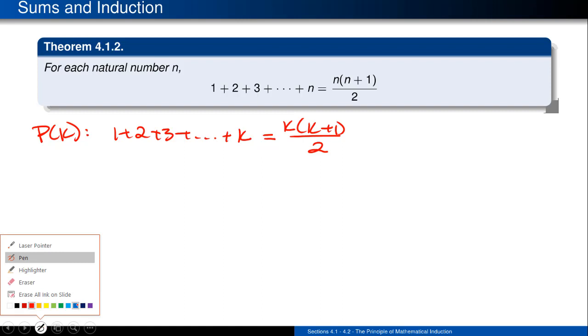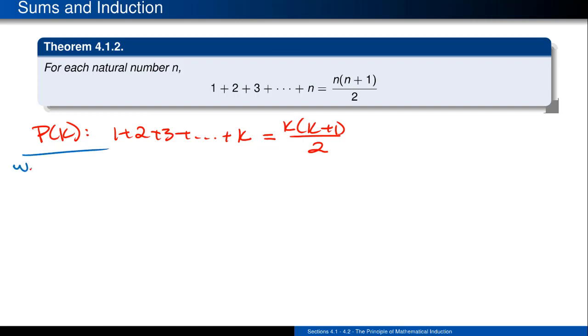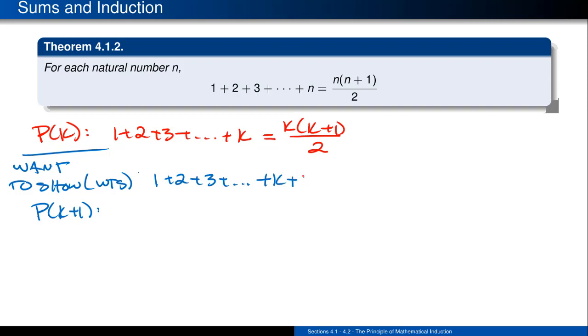So in general, what I want to show, which I sometimes abbreviate as WTS, is that I want to show level Pk plus 1 is true. Which is that I want to show that 1 plus 2 plus 3 all the way up to k and then a little bit more, so there's one extra term in that case, is in fact equal to, well, what happens to the right-hand side when I plug in k plus 1?